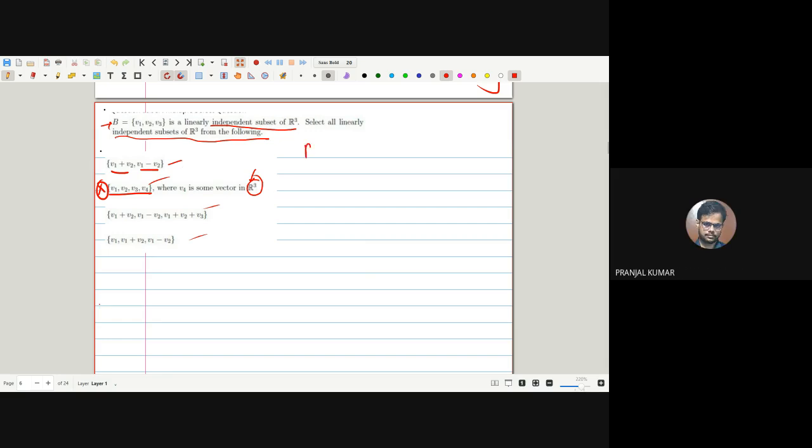So what I am saying is, this is proof by contradiction. What I do is, I assume that they are actually linearly dependent. So v1 minus v2 will be some scalar multiple of v1 plus v2. I am assuming this to be true, so let's start solving this. In any step, if I encounter something false, then this would mean that the assumption was itself false.